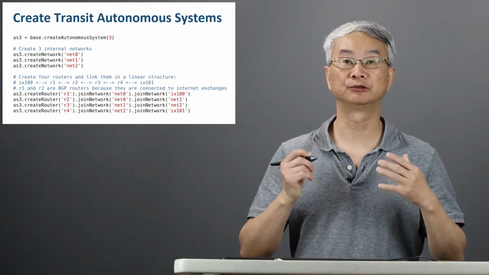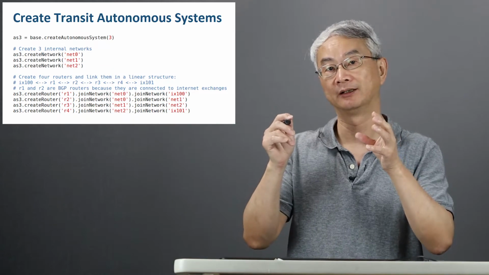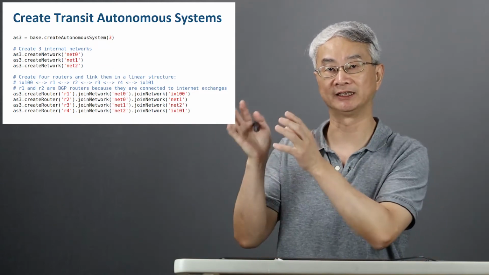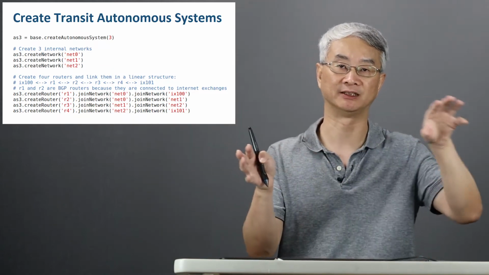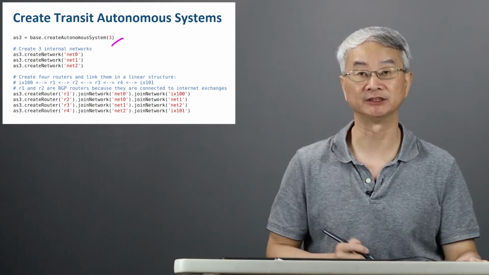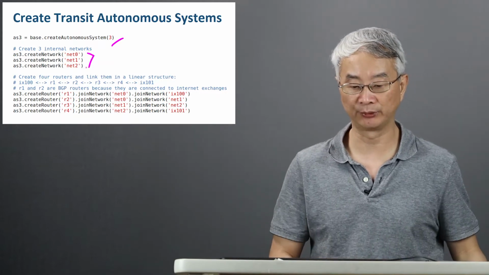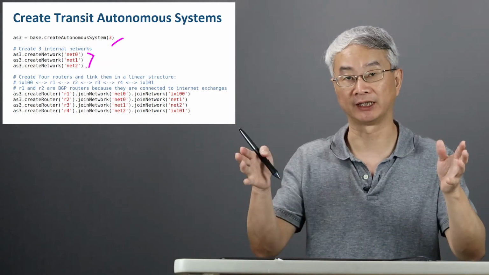Next, we're going to create a transit. This is the large autonomous system connecting different internet exchanges with one another. We're going to provide one called autonomous system 3, and inside of this, we're going to create three internal networks.